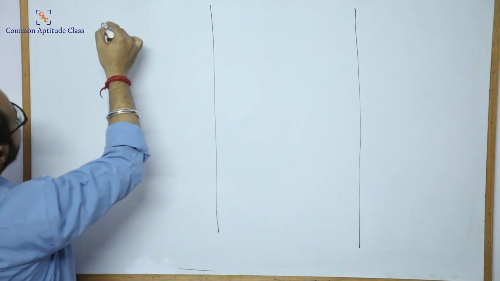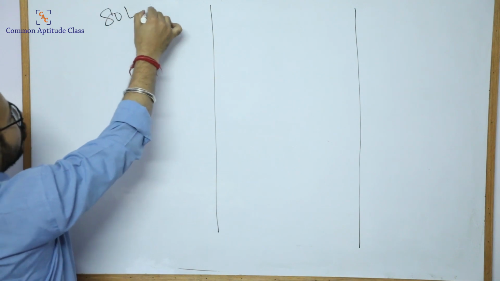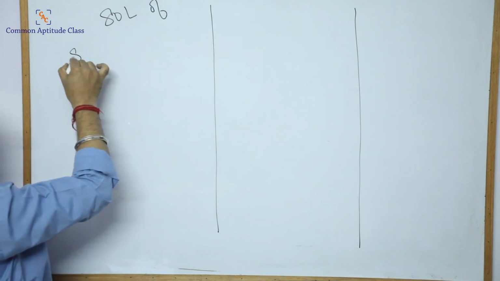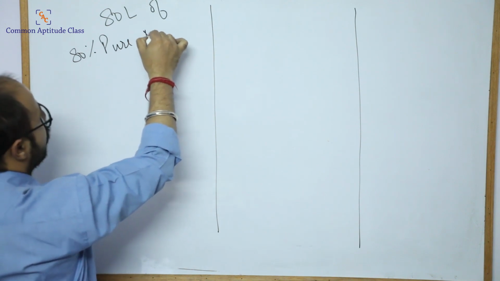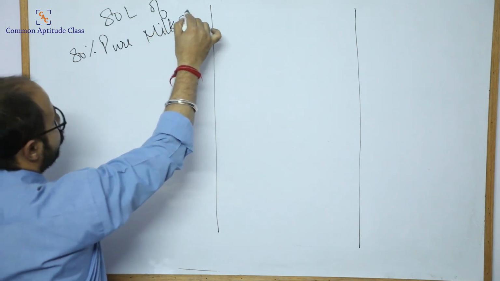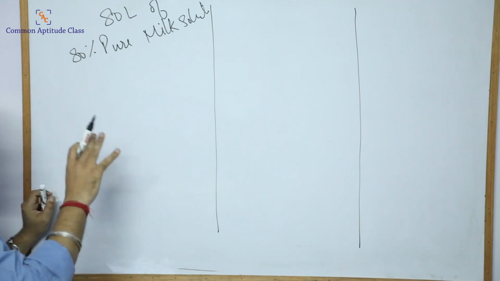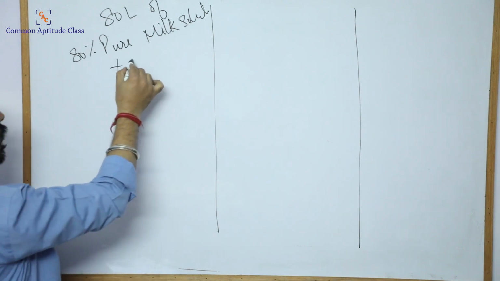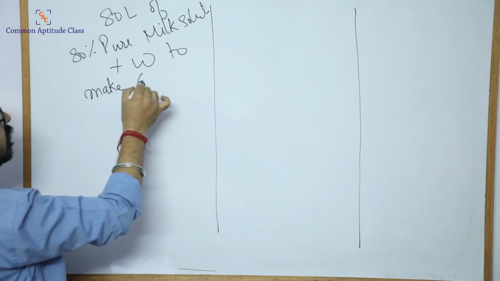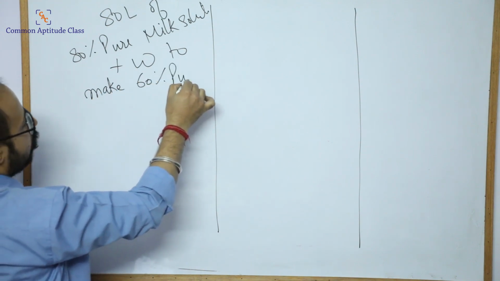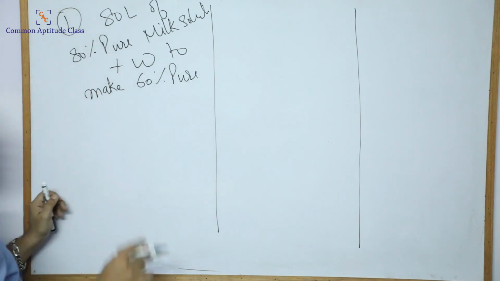I have 80 liters of 80% pure milk solution. This is the condition. How much water should I add to make it 60% pure? That is the first type.